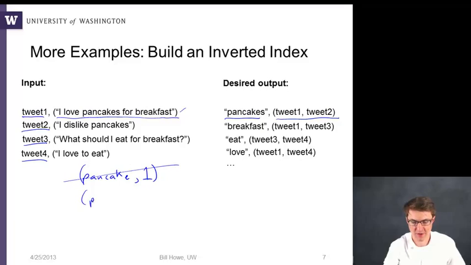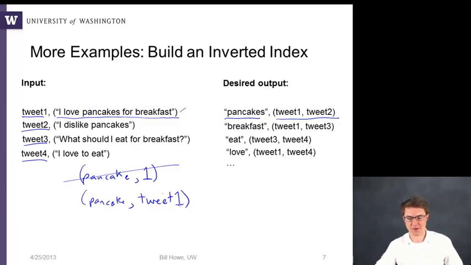Instead, we'll put out pancake and the document ID itself, and all of these will be produced. The map task that processes tweet 1 will put out pancake, tweet 1, love, tweet 1, and so on.